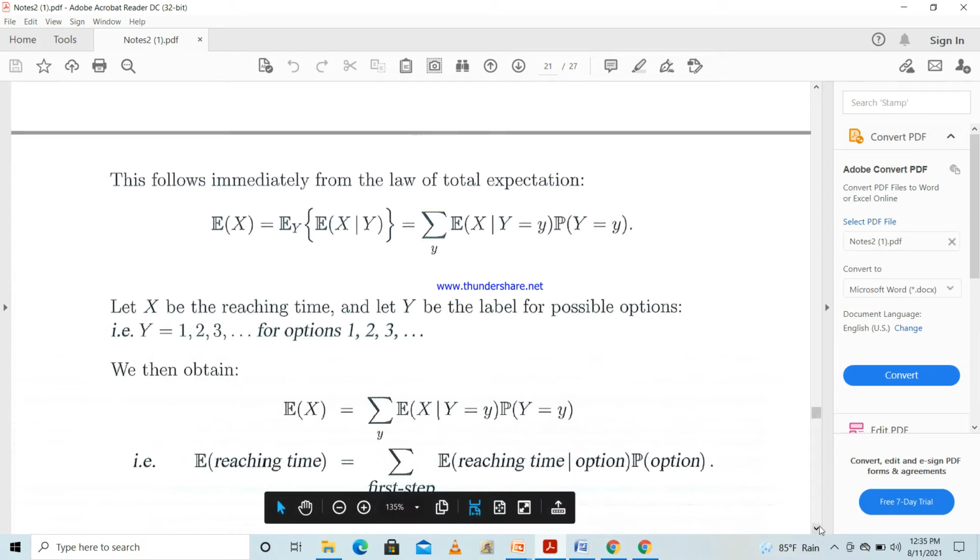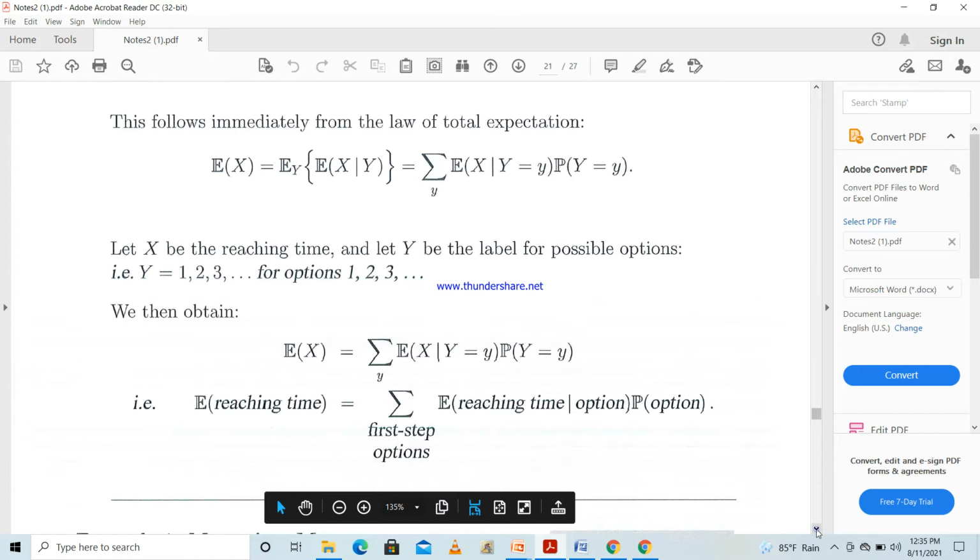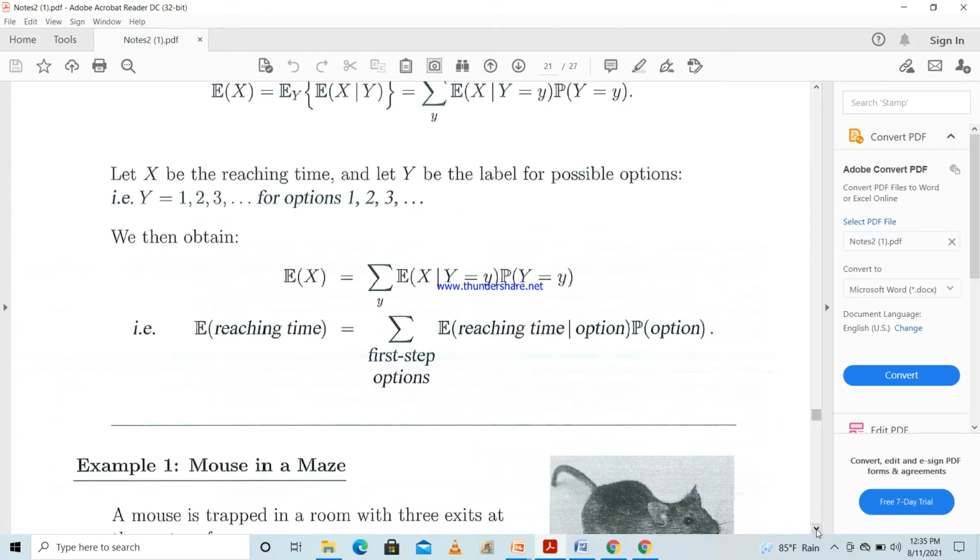When we use the first step analysis to calculate the reaching time, we can take the possible options, option 1, option 2, option 3 and so on, as the Y's, and we can take X as the reaching time.